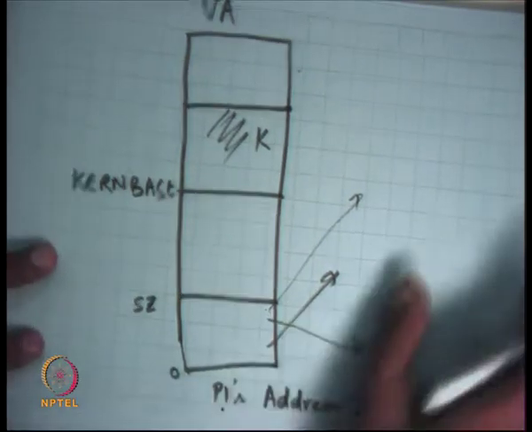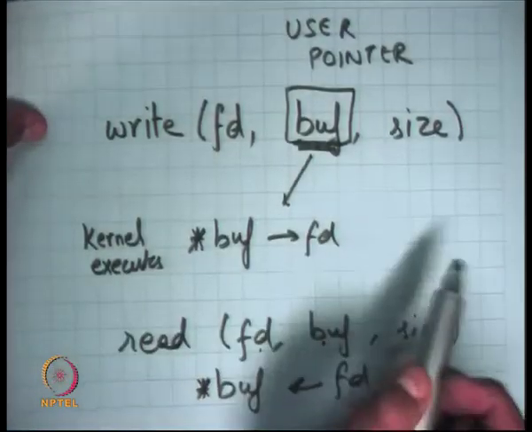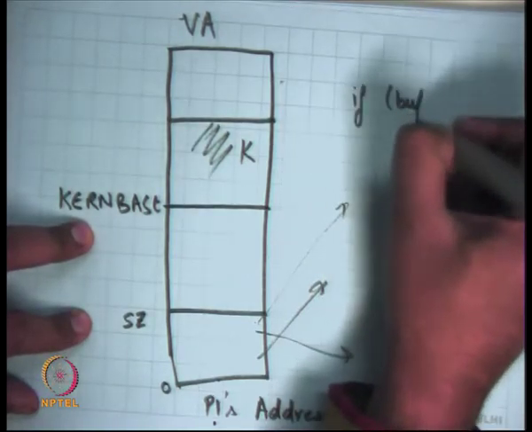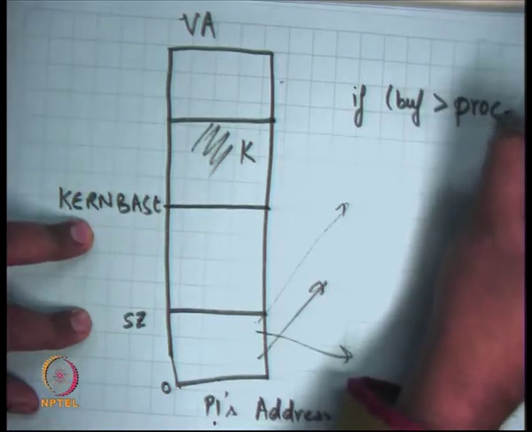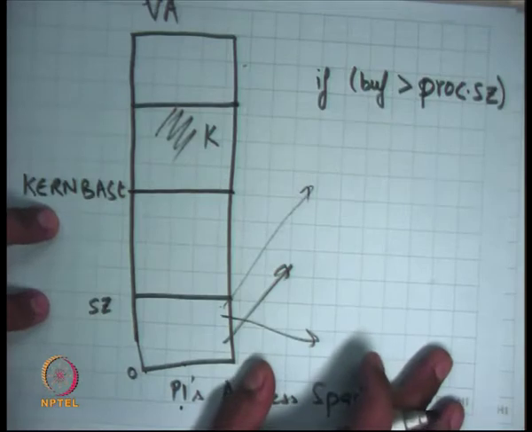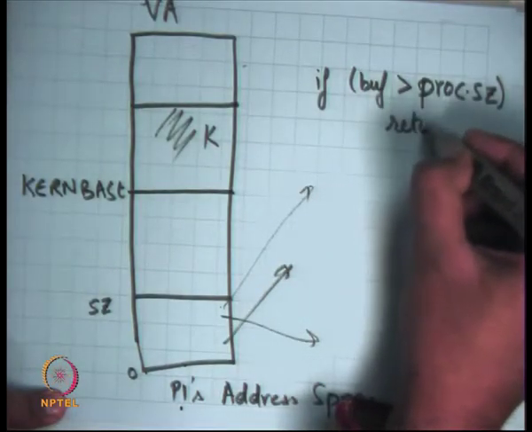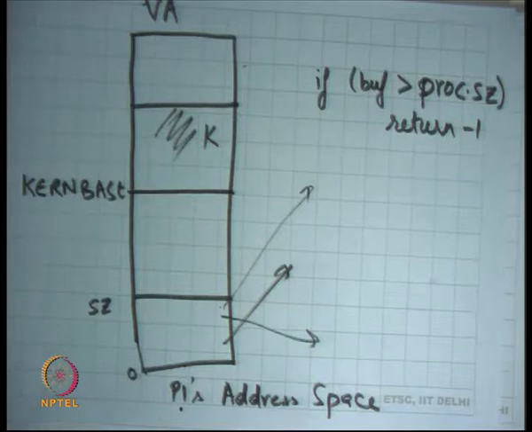So for example, if I do a write fd buff size, all I need to do is, if buff is greater than proc dot size, where proc is the PCB structure of that process, then just return -1 for that system call. Otherwise dereference it.